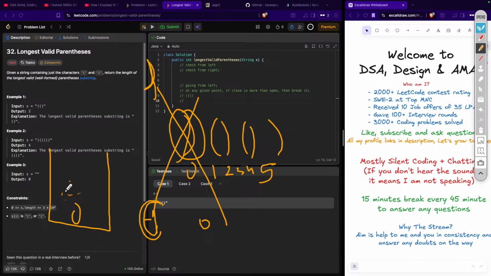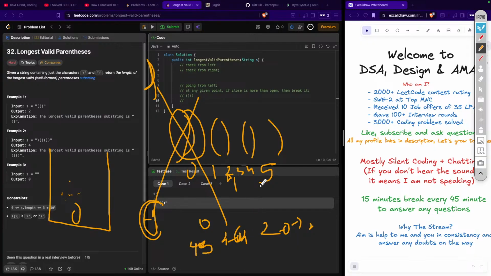So basically, this is 2. 2 minus 0 is 2. So then I'll put 3 and then I'll put 4. Then I'll check 4 minus 0, 4 is valid, right?